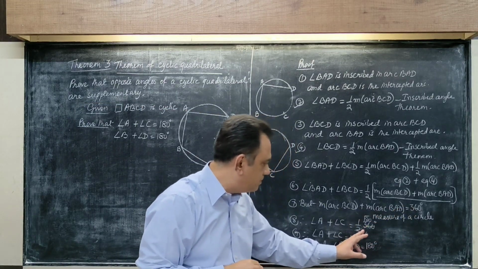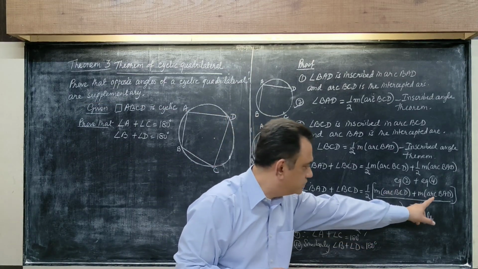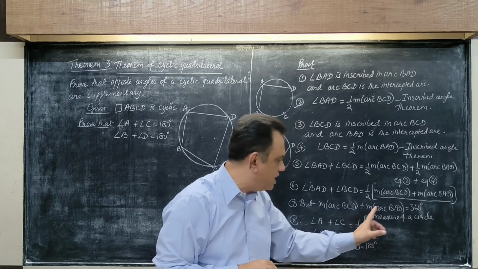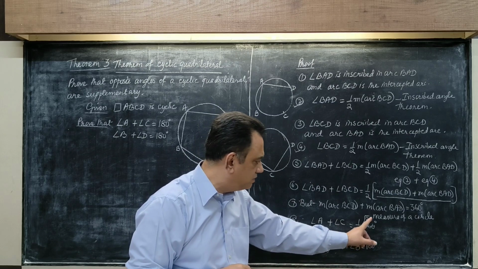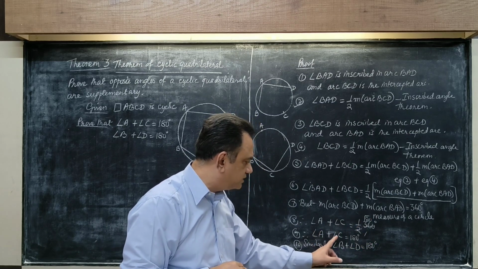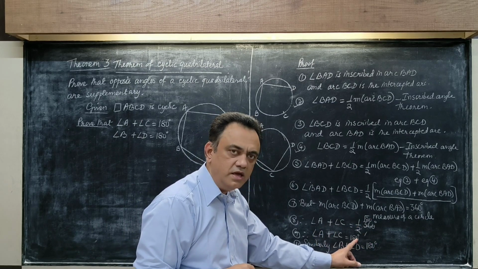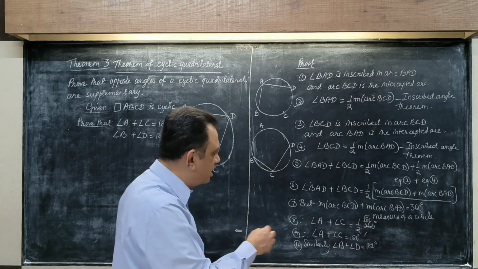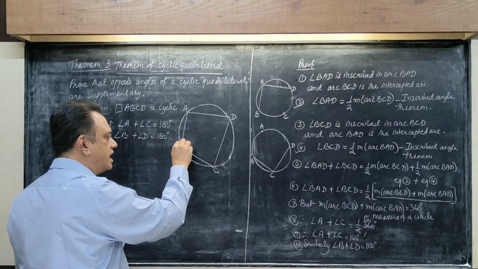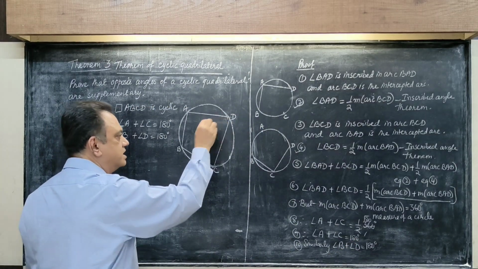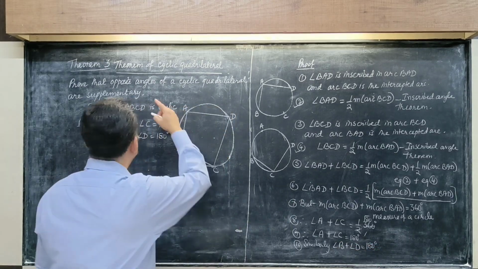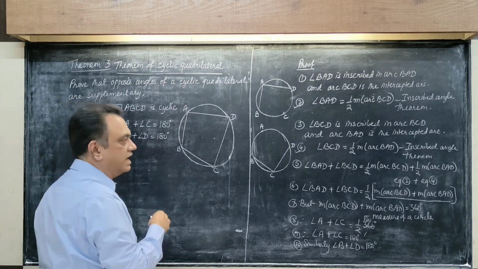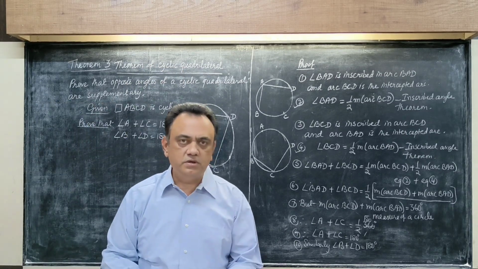So the next step, for this measure arc BCD plus measure arc BAD, I substituted 360 degrees, cancelled. So measure angle A plus measure angle C is 180 degrees. And similarly, we can say that measure angle B plus measure angle D is 180. That is the theorem of the cyclic quadrilateral.